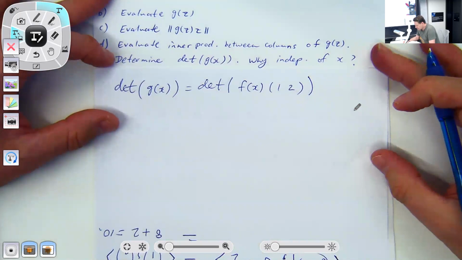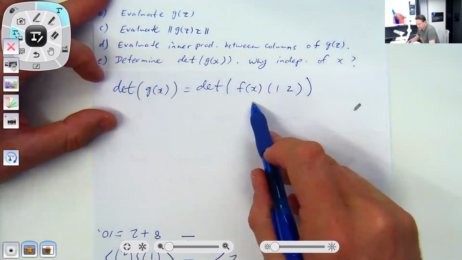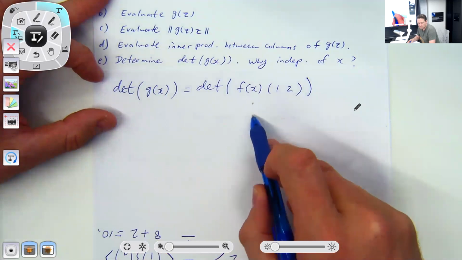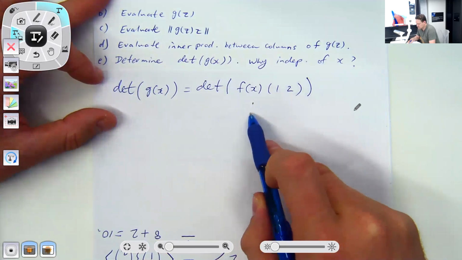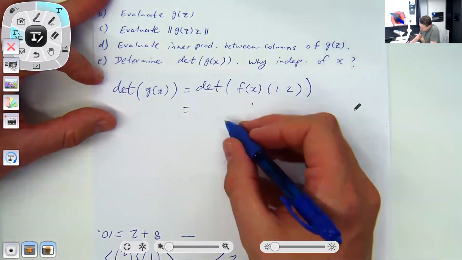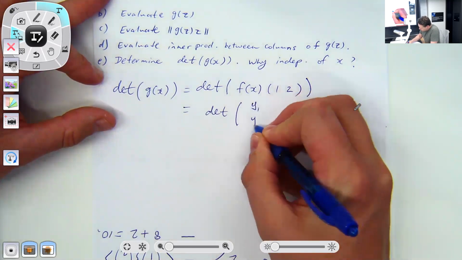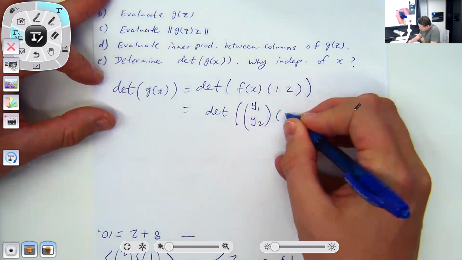Now at this point, I just want to straight away say, because I know that this f of x is a column vector, that it is y1, y2. So let's say det of y1, y2, and then we have the 1, 2 there.